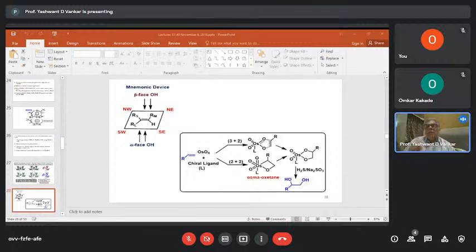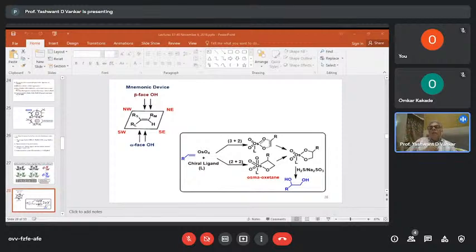As a result, at the anomeric carbon, there will be a delta positive charge. Now, this delta positive charge would like to take electrons. Now, you say the methoxy group can give electrons, yes, but at the same time, the ring oxygen also will give its pair of electrons, and therefore it will stabilize.